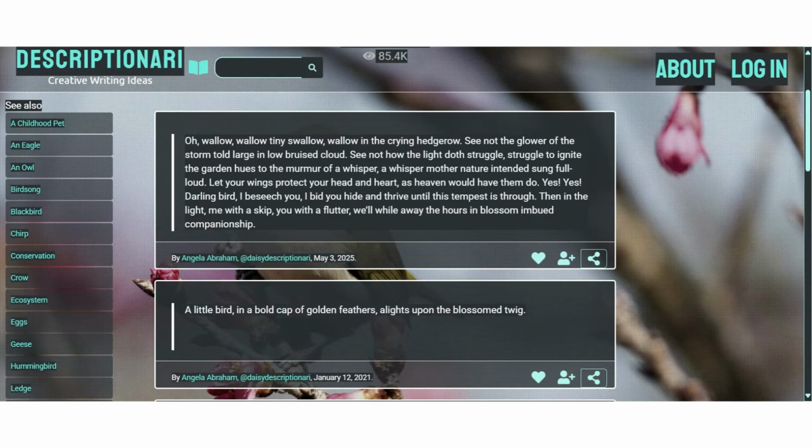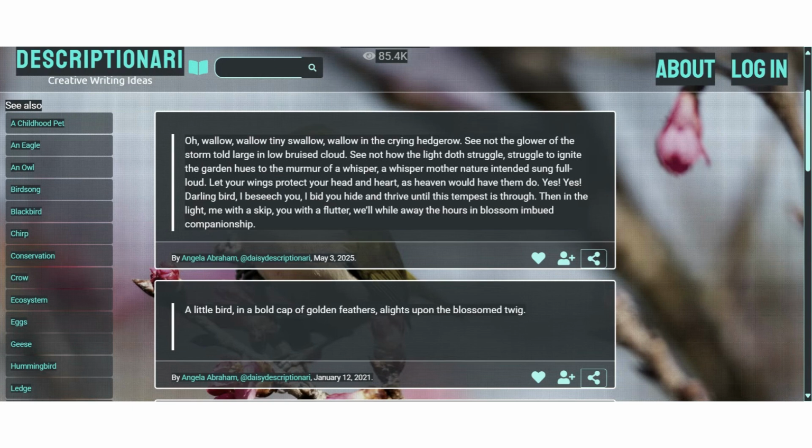Oh, wallow, wallow, tiny swallow, wallow in the crying hedgerow. See not the glower of the storm told large in low bruised cloud. See not how the light doth struggle to ignite the garden hues to the murmur of a whisper Mother Nature intended sung full loud.